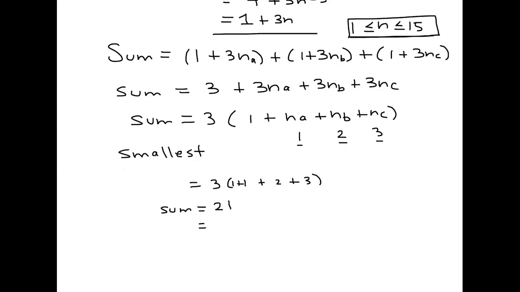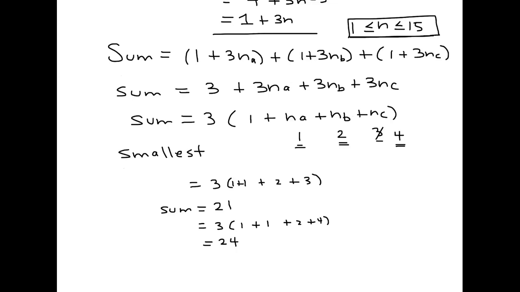Now let's go to the next possible sum. We choose 1, 2, and 4, let's say. The first term, the second term, and the fourth term. So that would give you 3 times (1 plus 1 plus 2 plus 4). And that looks like 6 plus 2, 8. 8 times 3, 24.